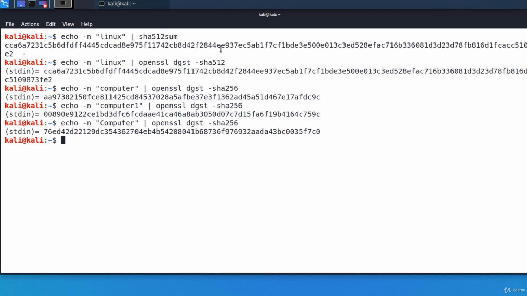I'll calculate the hash of two characters, A and B, using SHA-256. This is the hash, which has a length of 256 bits or 64 hexadecimal characters. Now I'll calculate the hash of a phrase.